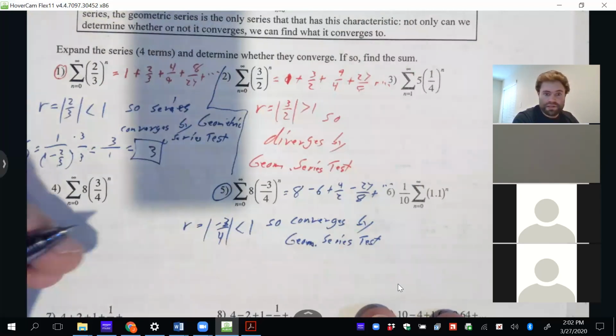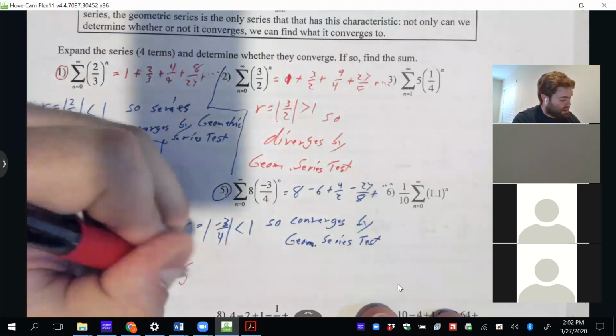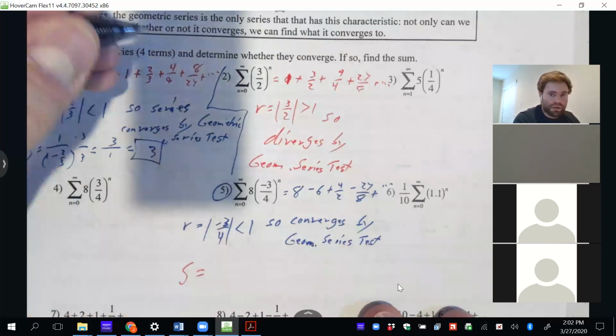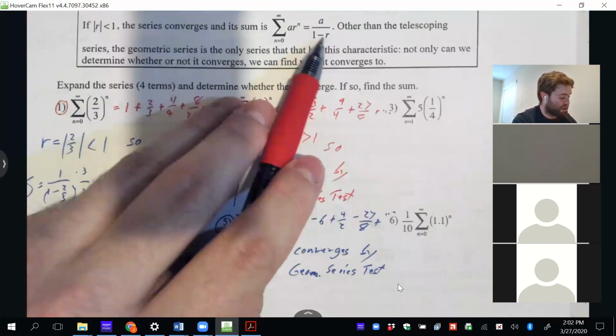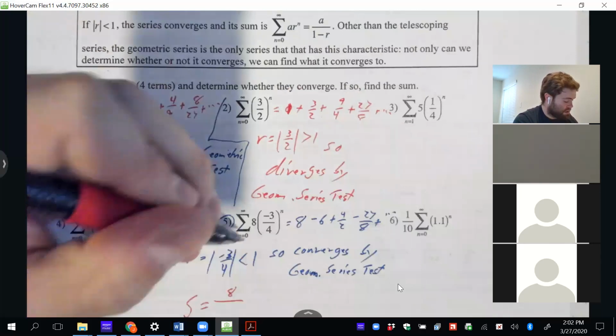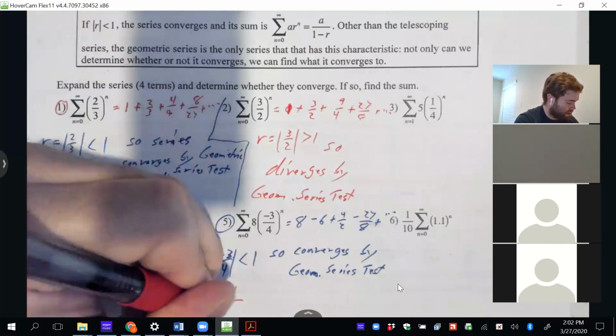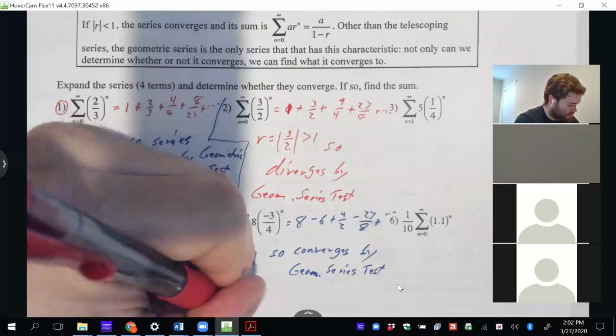And now we're also going to find the sum. Well, S would equal, well, the sum formula is a over 1 minus r. Our a term here is 8. So we put 8 over 1 minus a -3/4.